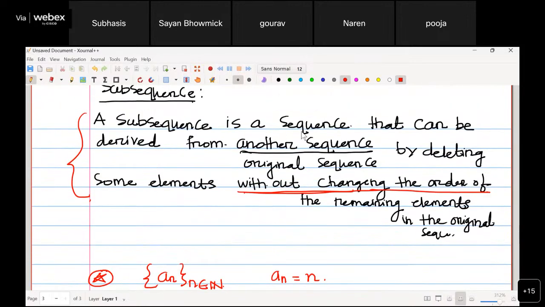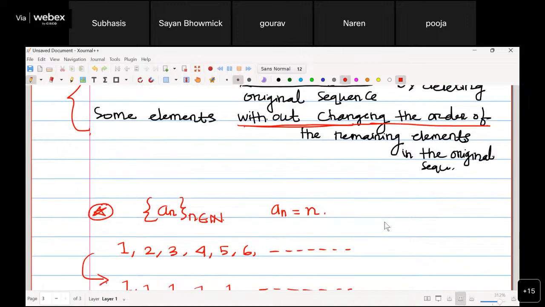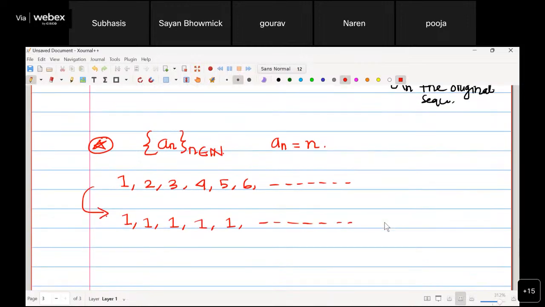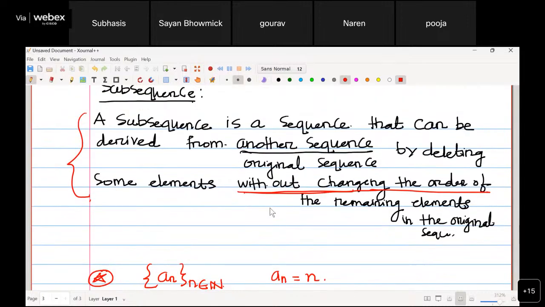A subsequence is a sequence that can be derived from another sequence by deleting some elements of the original sequence without changing the order of the remaining elements in the original sequence.